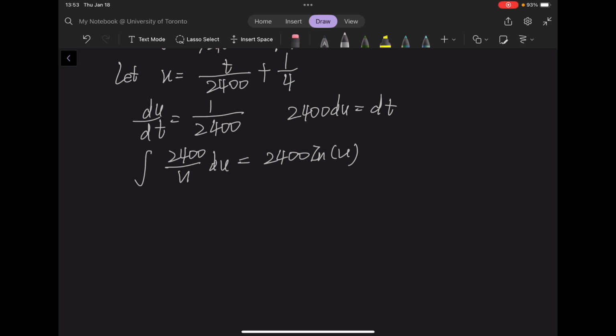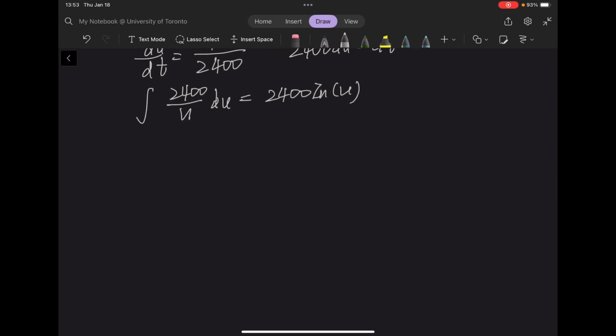So put it back into our equation: 2400 natural log u plus c is equal to x.